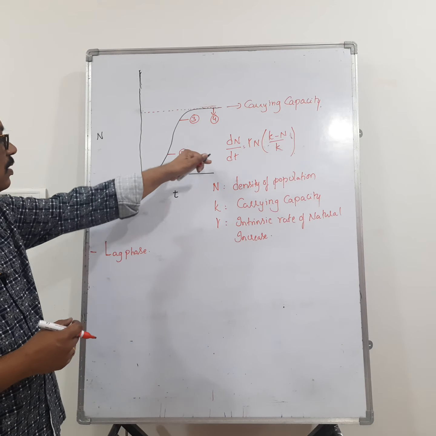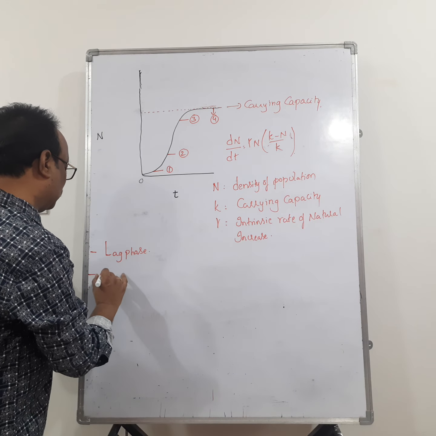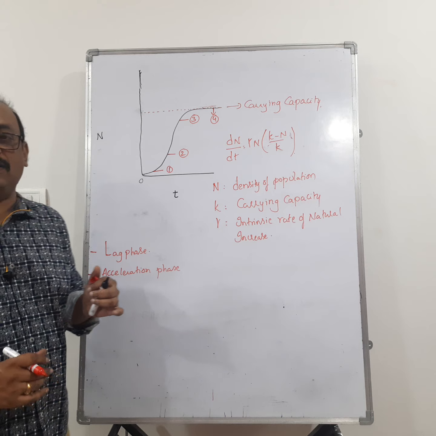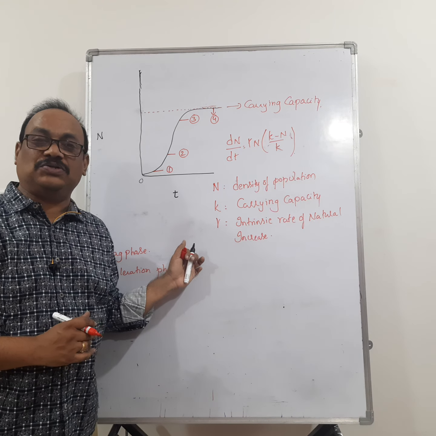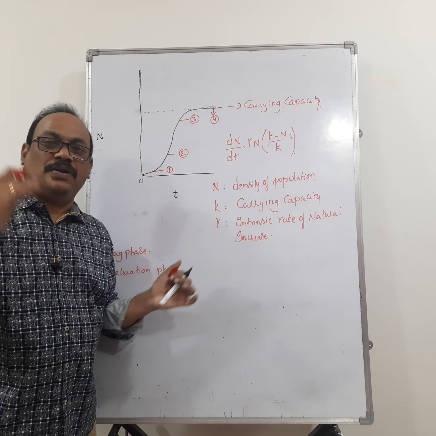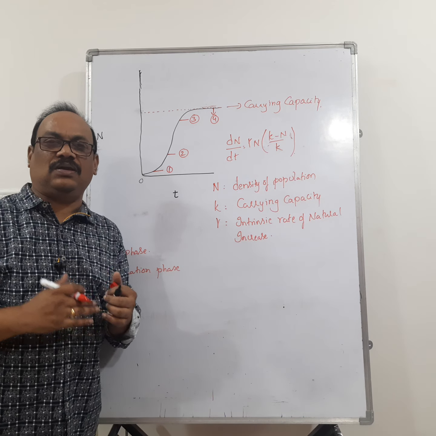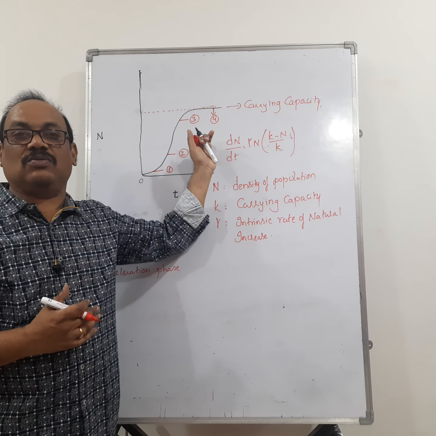So next one, 2. Number 2 is acceleration phase. Acceleration phase is otherwise called as exponential growth rate. So here in acceleration phase, what is happening? The population is increasing exponentially, or the population is increasing enormously. Why? Due to availability of the resources.